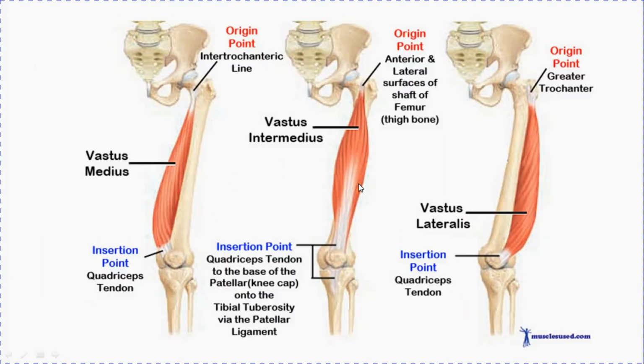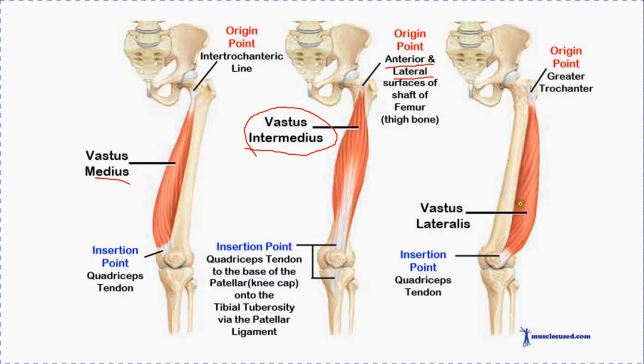In this figure, you can see the attachment of the vasti muscles. The vastus intermedius muscle arises from the anterior and the lateral surface of the shaft of the femur from the upper 3/4. The vastus medialis muscle arises from the spiral line down up to the medial supracondylar line.